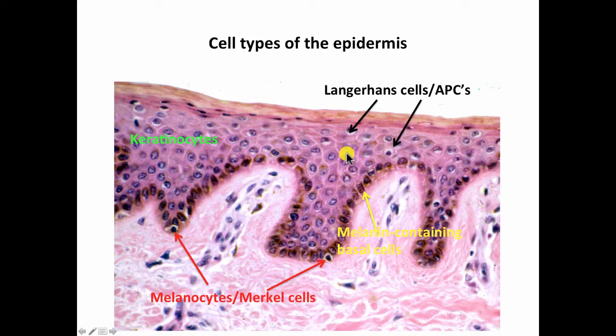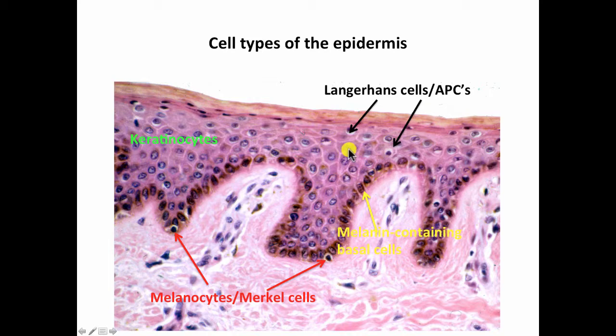Langerhans cells are found throughout the stratum spinosum, and they display all the properties of phagocytic cells. They are derived from monocytes in the blood. And their processes form a network throughout the epidermis, so it's difficult for invading microorganisms to avoid this.